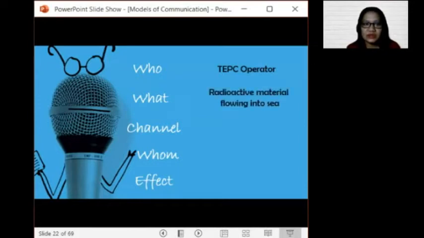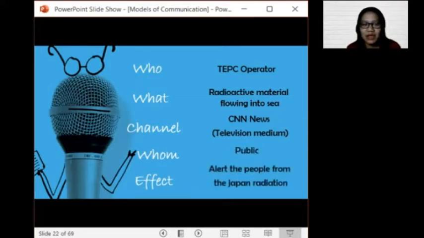The next one is, of course, the topic being discussed, which is the radioactive material, and the channel they used in order to send the information to the public, which is the television. And who is their targeted audience? It's the public. And for the effect, of course, if citizens or people in the community know about this, they will be alert.